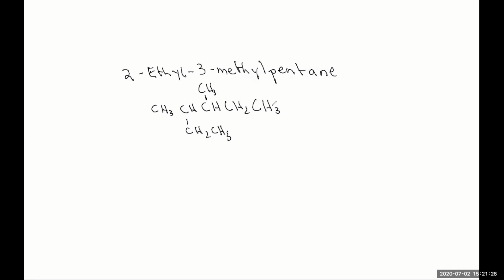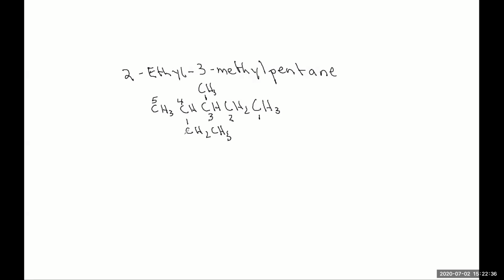Okay, so why is this not correct? Well, that's a good question. So we have 1, 2, 3, 4, 5. If we number this way, we'd have 1, 2, 3, 4, 5. Okay, so this is what we have here.